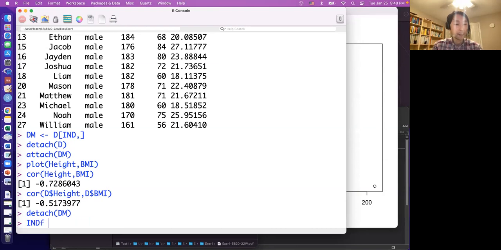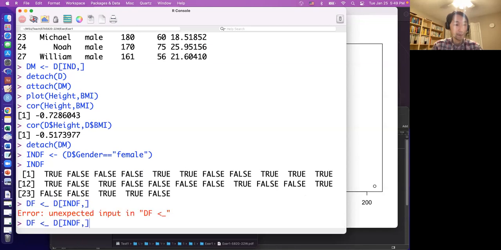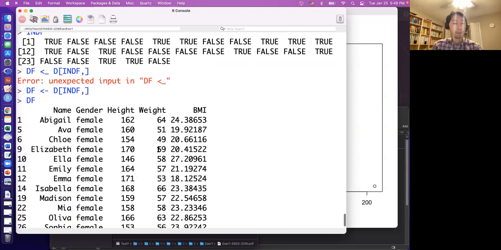We define the indicator variable for female, where gender is equal to female. INDF is here. So D INDF, we define this as DF. Then DF is this data set.